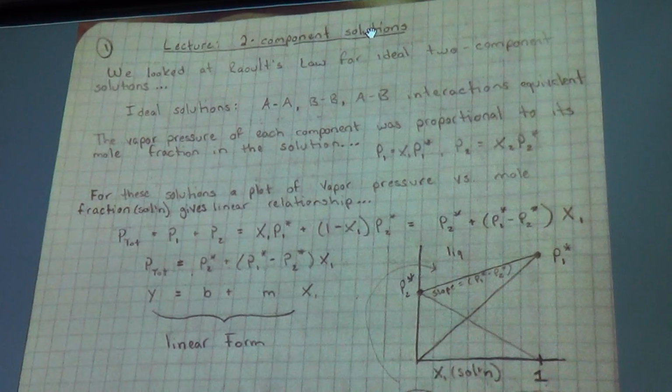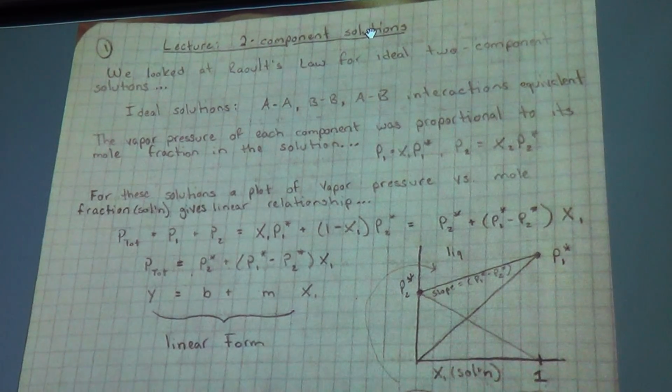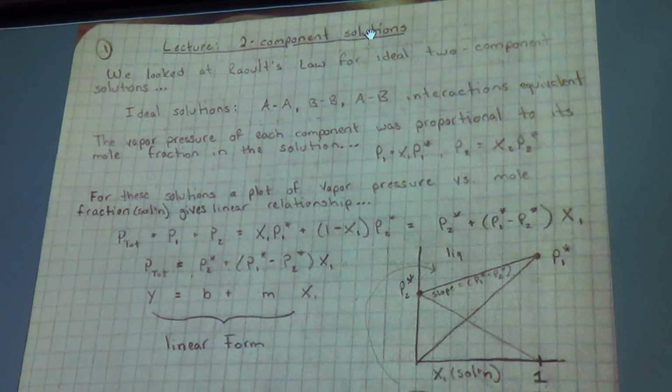So starting out, we go back to the ideal solutions and Raoult's law. We said that Raoult's law held for systems where the interactions between the different components in the solution were approximately equivalent.